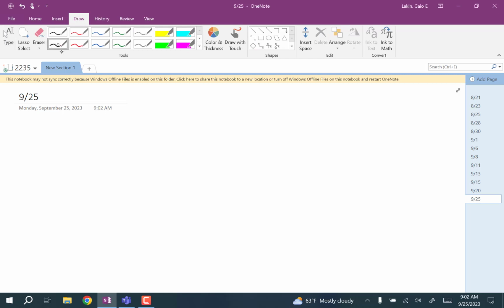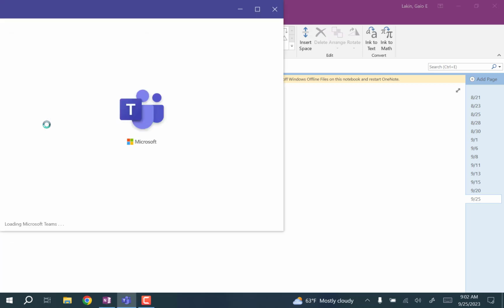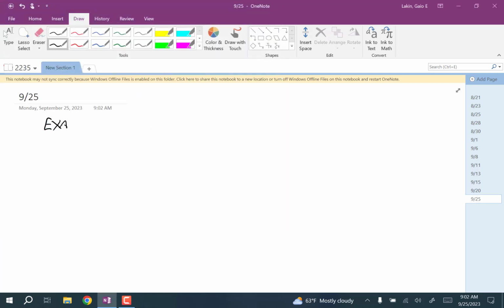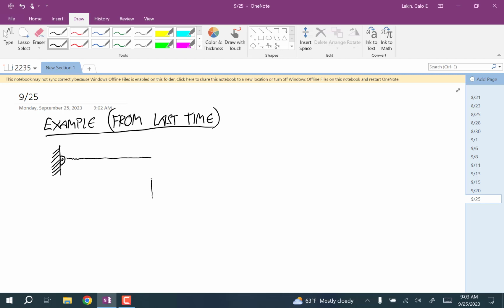So we had a pin joint here, and we had this funny shaped object, like this.